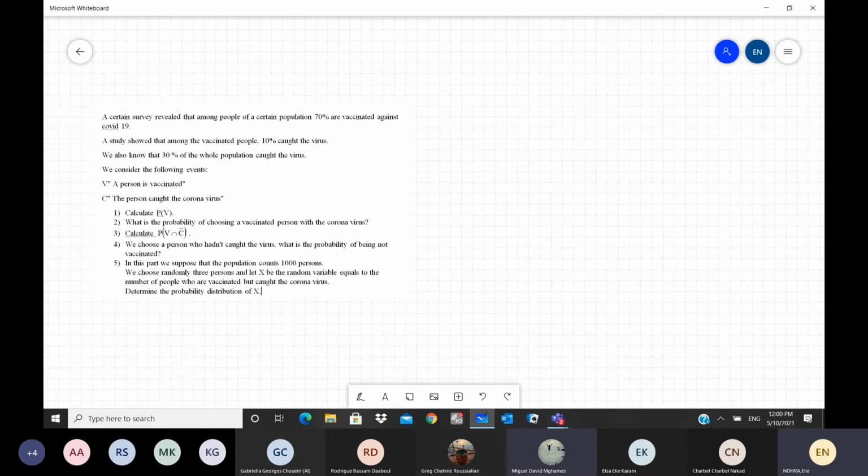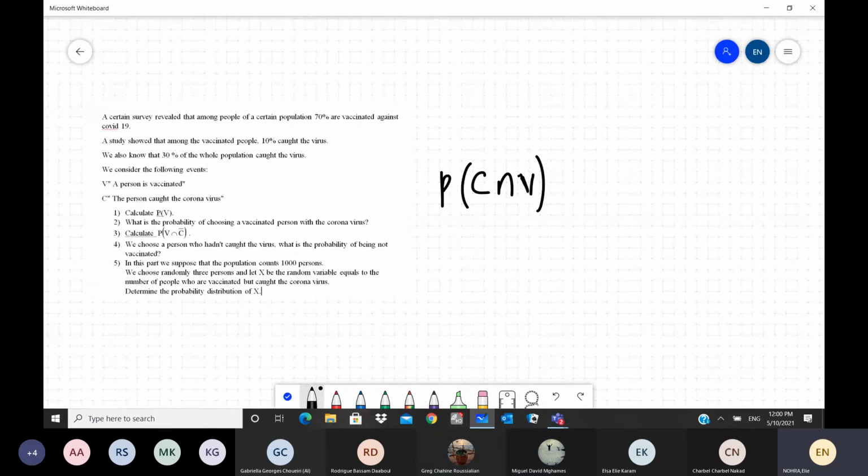What do they want? It doesn't matter to us. What matters is those vaccinated and caught the coronavirus, meaning 0.7 times 0.1, and we already found it, which is 0.07.